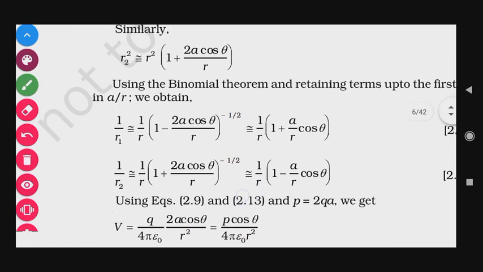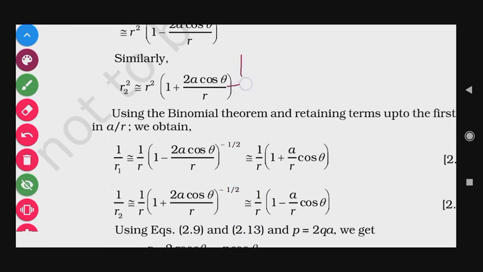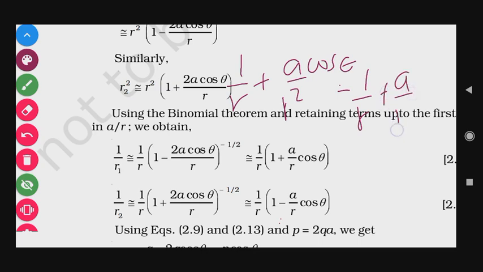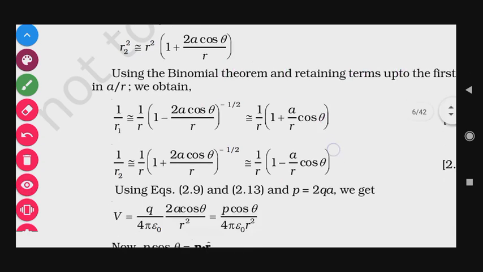I'm sure you have understood, but still I will write 1 upon r, multiplying inside, a by r square cos theta. Then for this term, using the above equation, there is a minus there, 1 upon r minus a by r square cos theta. Then this will cancel out, and this will add up, so this will be 2a cos theta by r square, or I can still write this in this form.